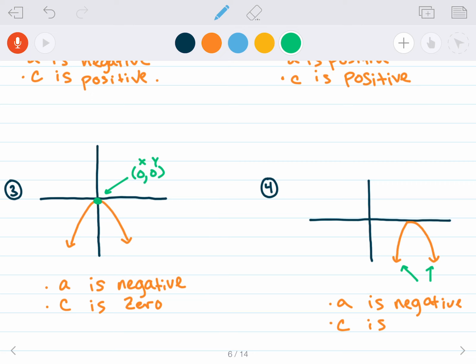It says that they can go on forever and ever. So eventually, if we keep drawing this axis, it's going to cross in the negative area, right? This graph is eventually going to extend to the negative area. So that means that our y-intercept is negative.